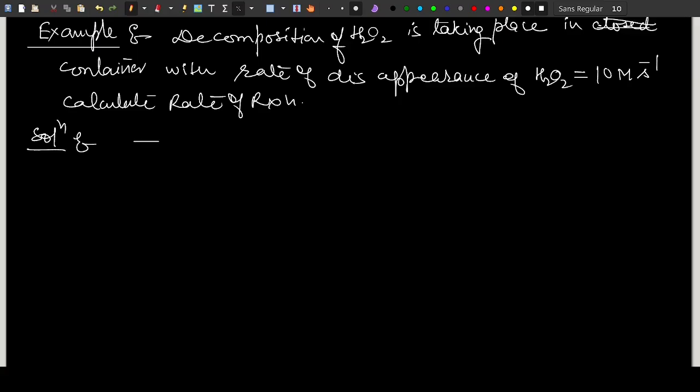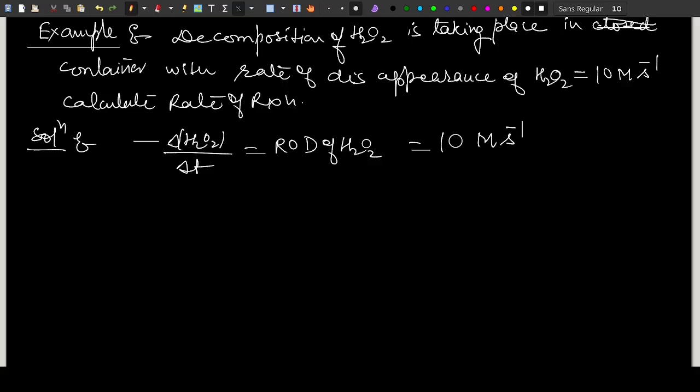Here we can say minus delta H2O2 upon delta T is equal to rate of disappearance of H2O2. It is given 10 mole per liter per second.